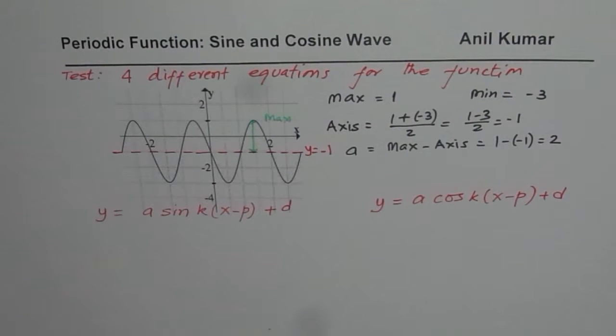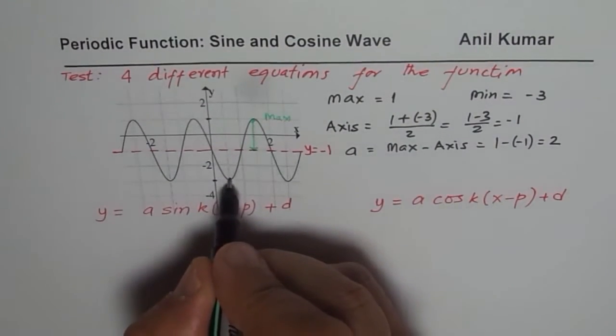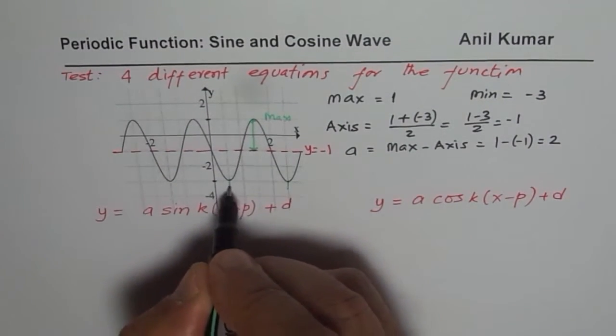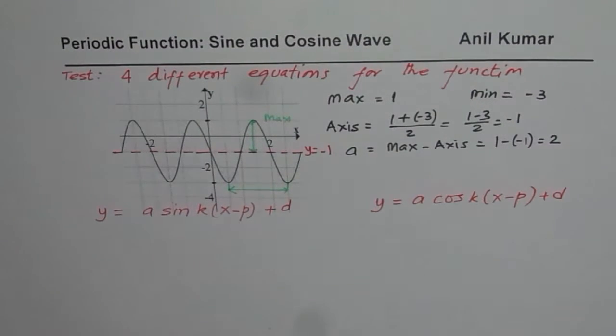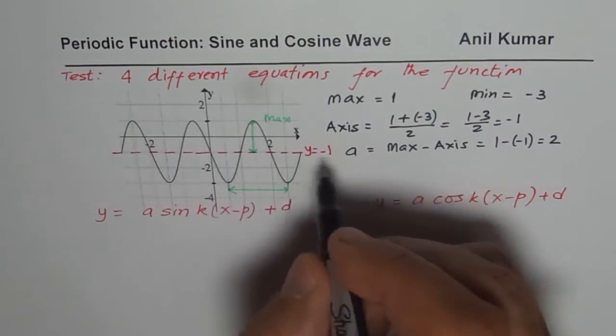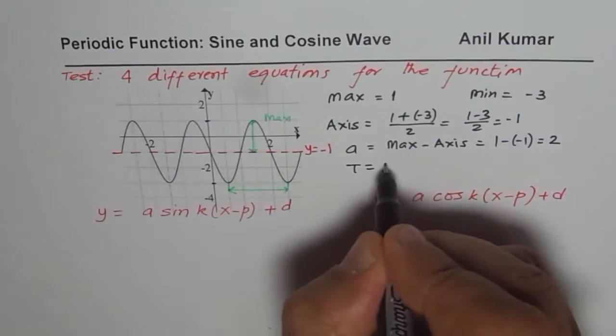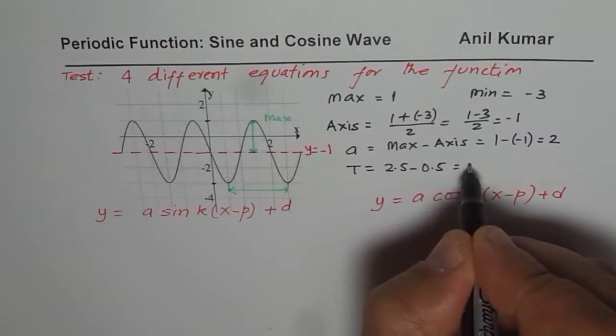Okay. Now to find the time period, which is the horizontal distance between two maximums or two minimums, let's read from here. So let's find the time period from the graph. So time period, as you can read from here, is 2.5 minus 0.5, so the time period is 2.